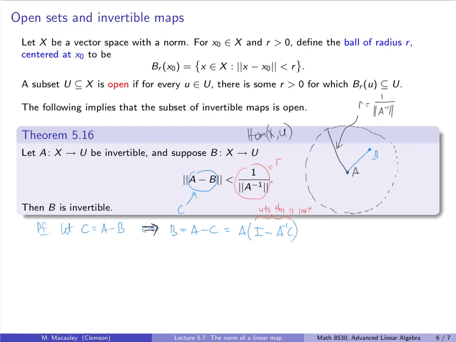So let's write that down. Our goal is to show that I minus A inverse C is invertible. I should probably just say it suffices to show that this is invertible. Let me say that here. This suffices.